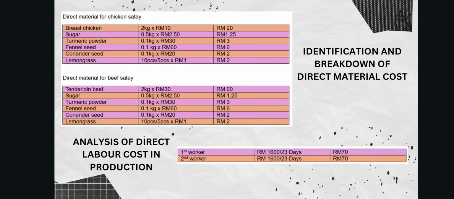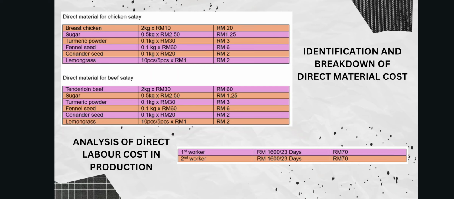For the turmeric powder, 0.1 kilogram times 30 ringgit, they get 3 ringgit. Fennel seed, 0.1 kilogram times 60 ringgit, they get 6 ringgit. Next is coriander seed, 0.1 kilogram times 20 ringgit, they get 2 ringgit.